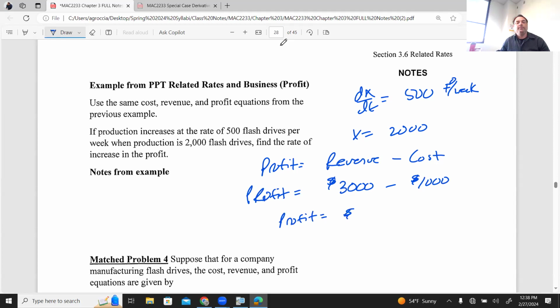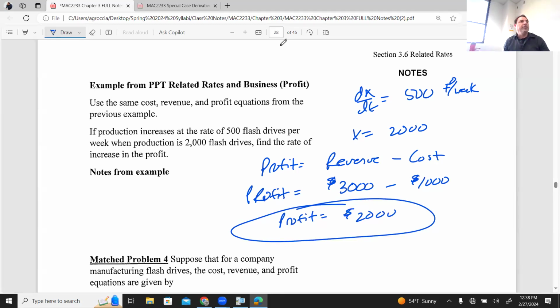Done. Ta-da! You like that one, don't you? But again, if we know the rate of change of revenue and we know the rate of change of cost, profit is just revenue minus cost. Same thing for rates of change. So at 2,000 flash drives, the rate of change of profit is $2,000 per week.